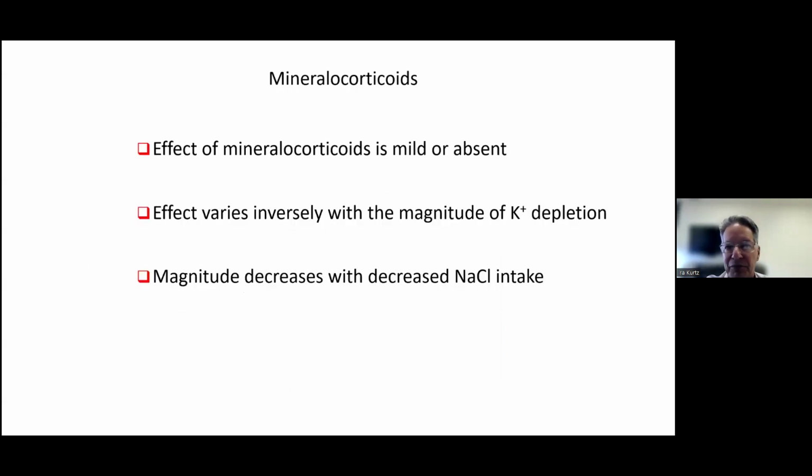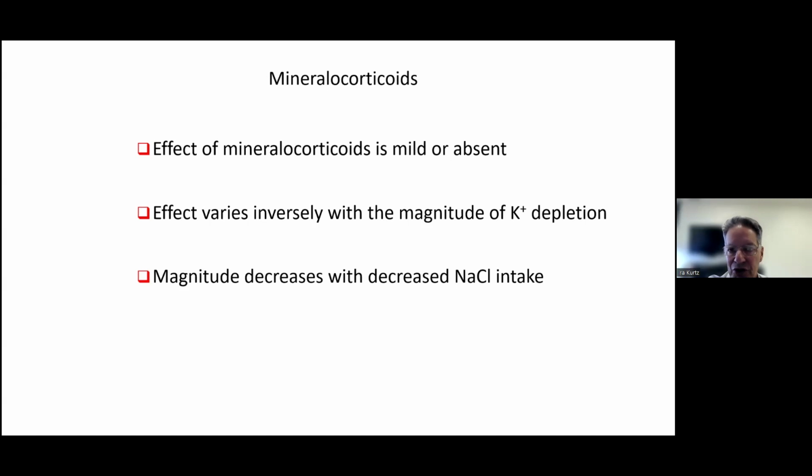We also talked about mineralocorticoids. It's a similar idea. If you just give DOCA or aldosterone, you change the bicarbonate very little. This effect varies with the potassium deprivation. So it's sort of like potassium that varies with sodium chloride.